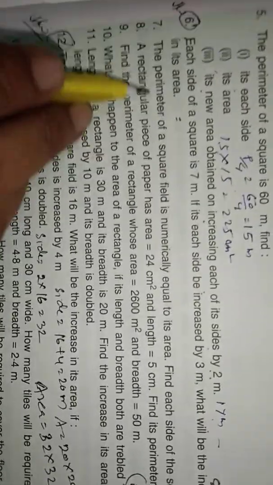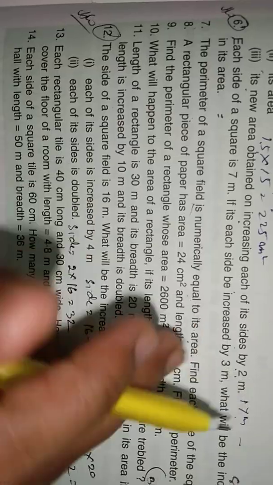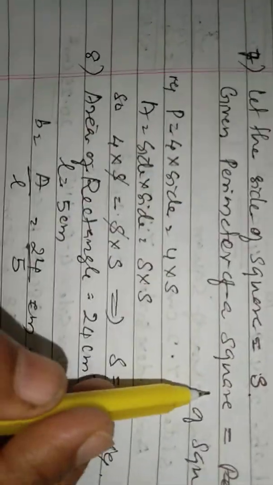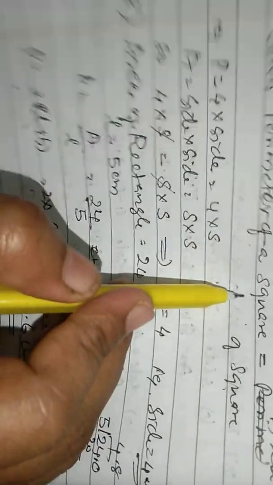Moving to the seventh one: the perimeter of a square field is numerically equal to its area. Find the side of the square. How will you solve it? Look here. Let the side of the square be S. Given that the perimeter of the square is numerically equal to the area.